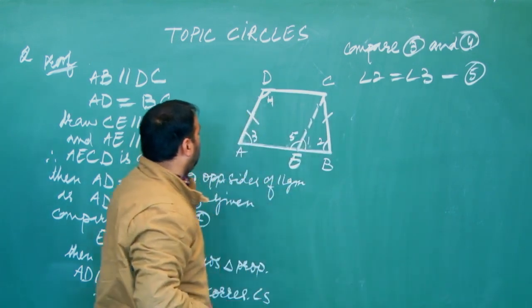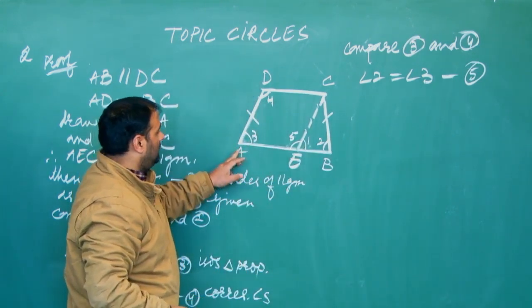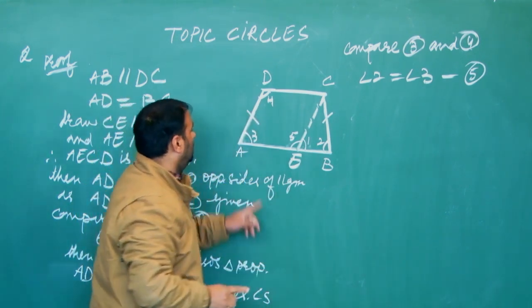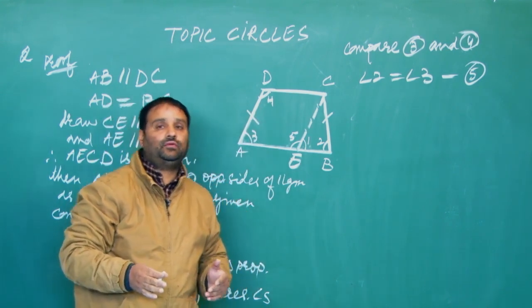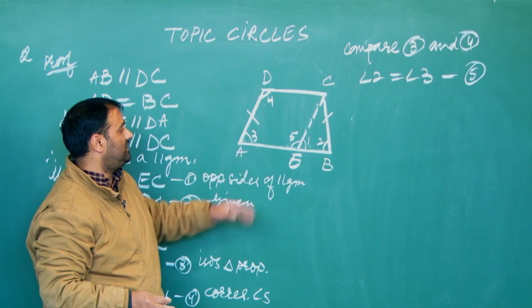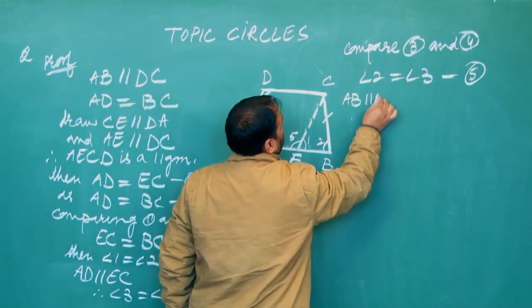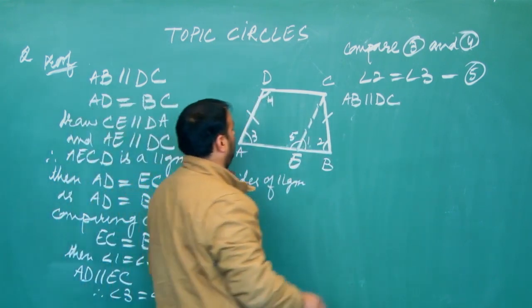Now, again, if you take AB and CD as parallel lines and AD as transversal, you can say that the sum of angle 3 and angle 4 is 180 because these form co-interior angles on same side of the transversal. There we write AB parallel to DC and AD is transversal.